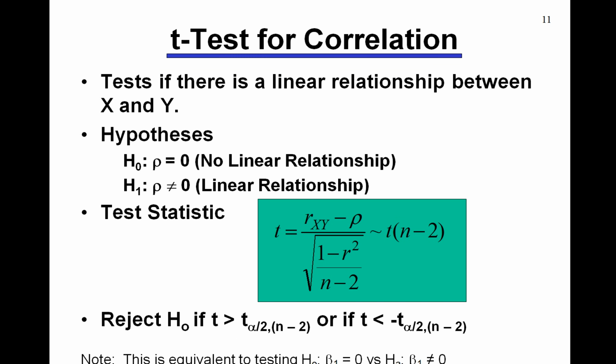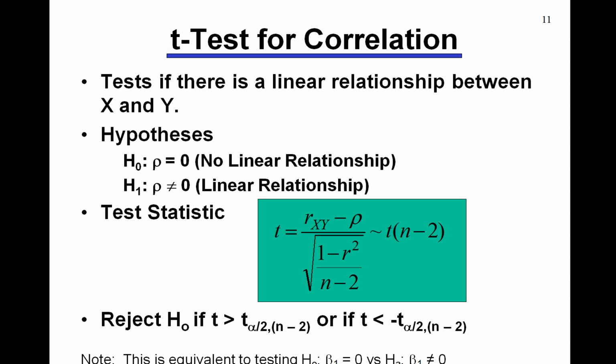I just want to reiterate something that I had mentioned last week, and that is, when we're talking about simple linear regression models, we're trying to determine if there is a linear relationship between x and y, and that can be couched in this notion of correlation too. What I wanted to demonstrate with this particular slide was that testing whether beta 1 equals 0 or not is equivalent to testing whether rho, the correlation coefficient between x and y, is equal to 0 or not.